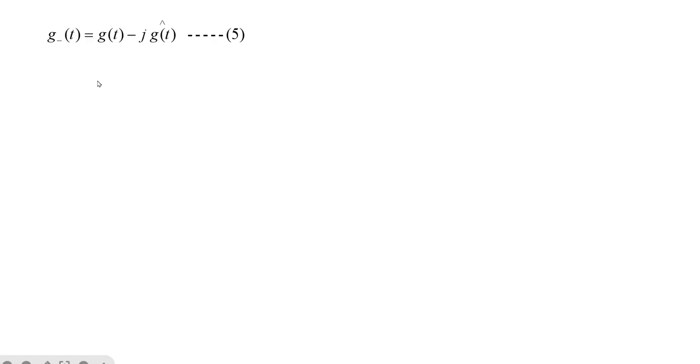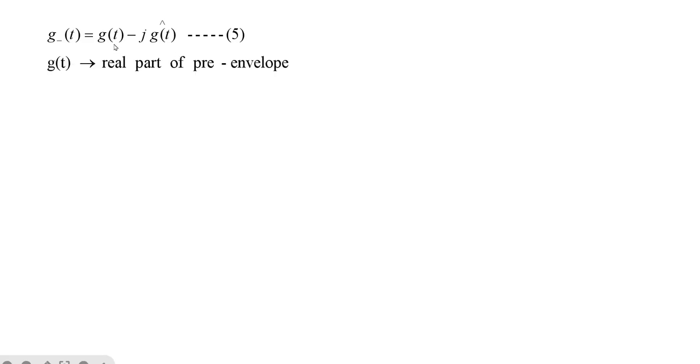In the previous part, the pre-envelope for positive frequencies, we have written it as g plus of t, and there we were having plus instead of minus. But because we are going for the negative frequencies, this will be the form of the equation for the pre-envelope of the negative frequency components of the signal.